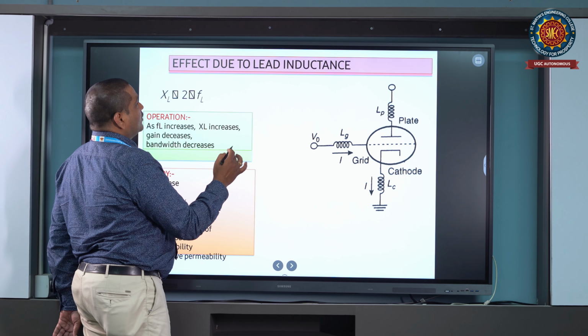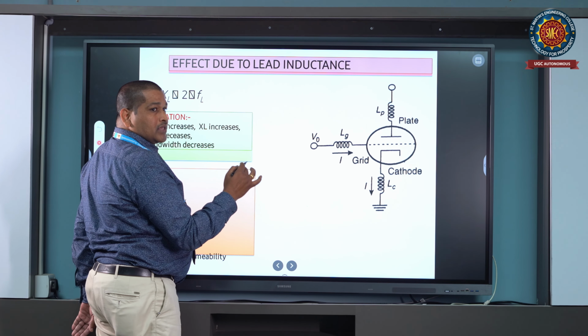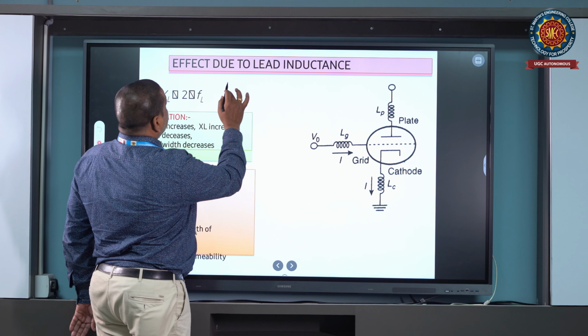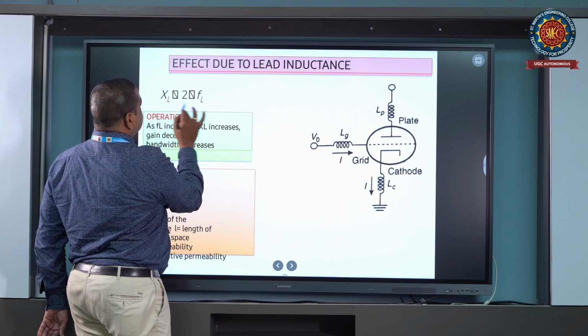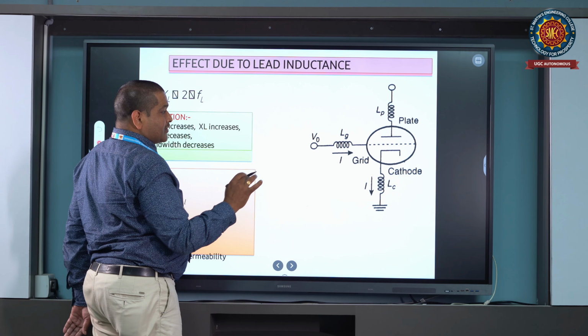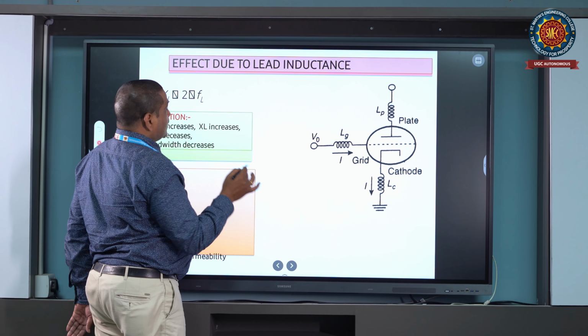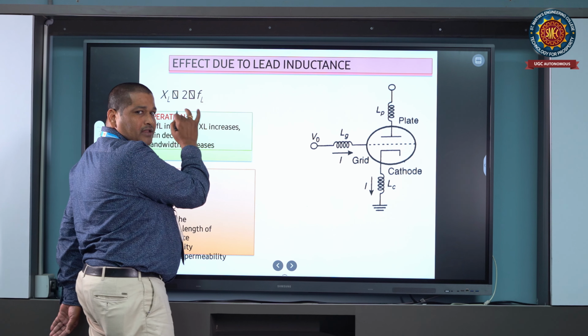The next problem occurring in conventional tubes operating at microwave frequencies is lead inductance. This lead inductance is proportional to the frequency of operation. When the frequency increases, the inductive reactance increases.